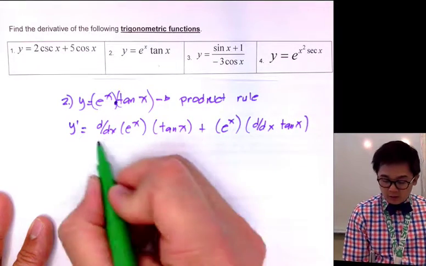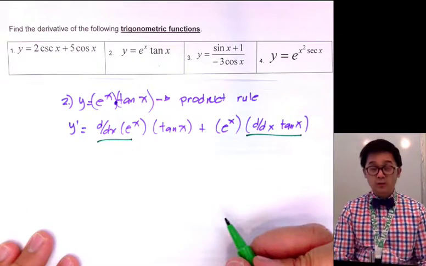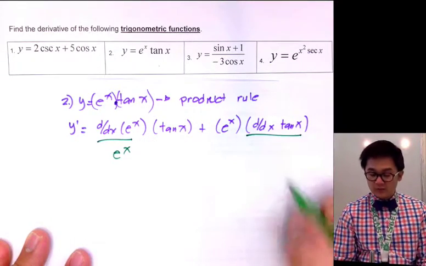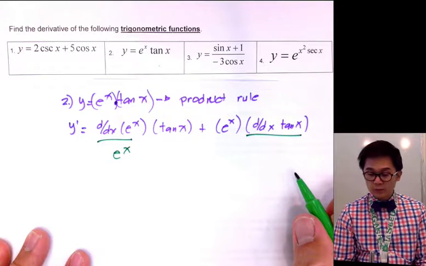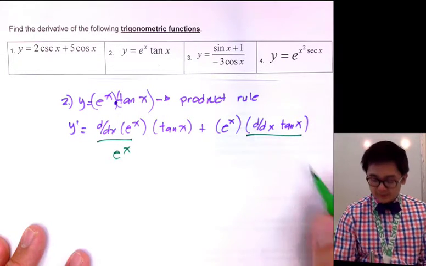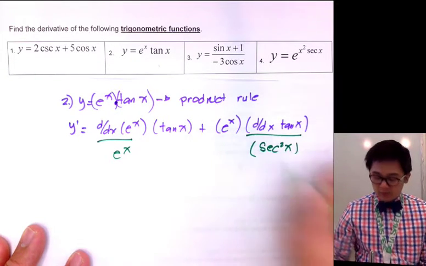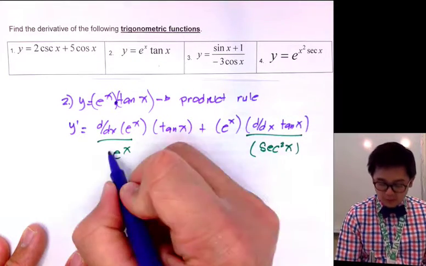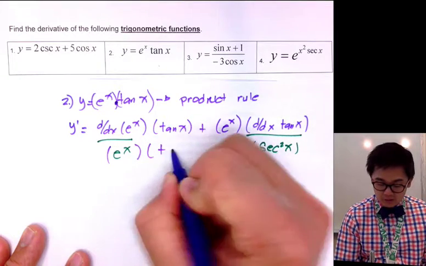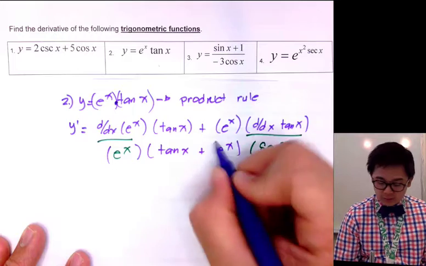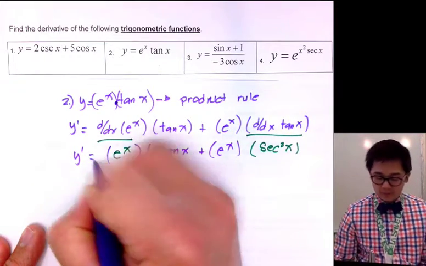So we're going to be working on two derivatives, and we know that the derivative of e to the x is simply e to the x, and the derivative of tangent x is equal to secant squared x. So this will become secant squared x. Now that we have found the derivative, all we have to do is copy the rest of the function, and this is going to be our y prime.